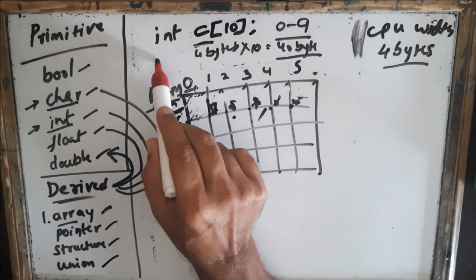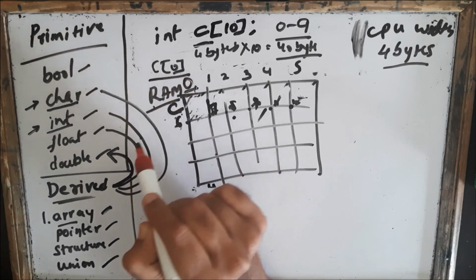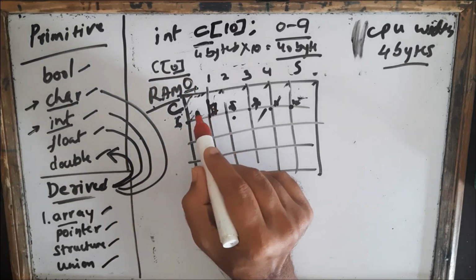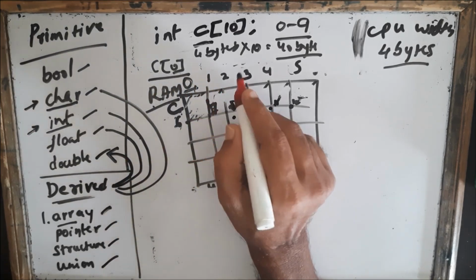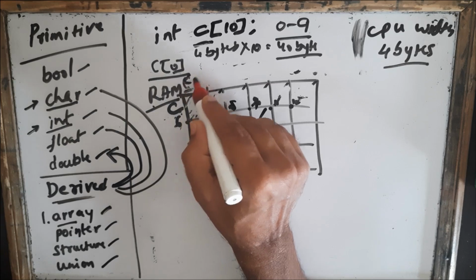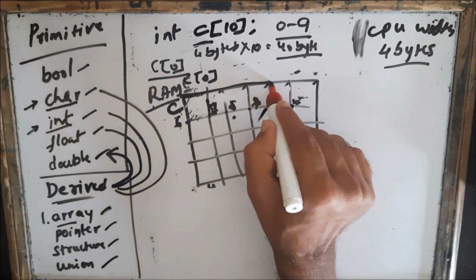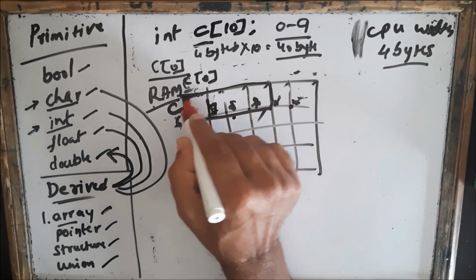Just for C of 0, just for one integer, we need 4 bytes. C of 0 means 4 bytes here.